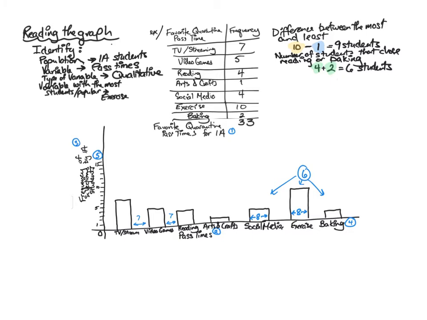The last topic is a double bar graph. And a double bar graph is the same thing as a bar graph. So it has the same components.